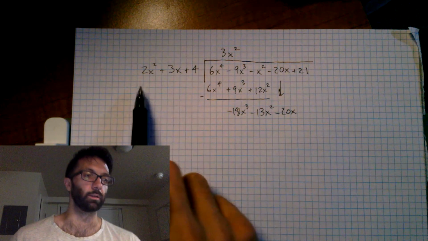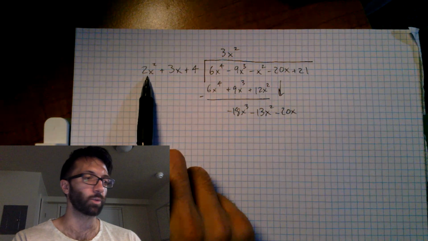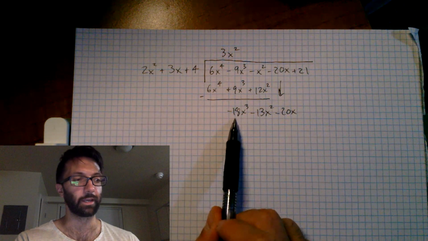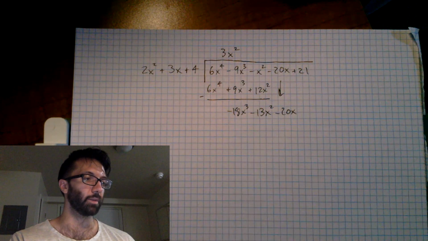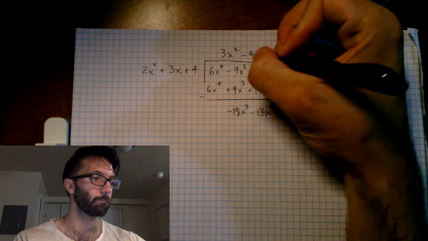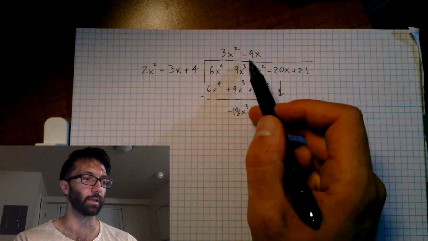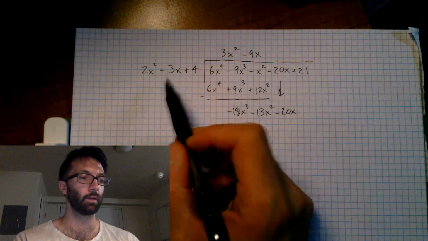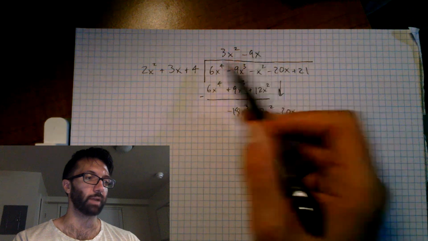And now we'll take our leading term, and what would we multiply 2x squared by to get a negative 18x to the 3rd? And that's going to be a negative 9x. Okay, 2 times negative 9 gives us the negative 18. X squared times x gives us the x to the 3rd. And now we multiply this through.